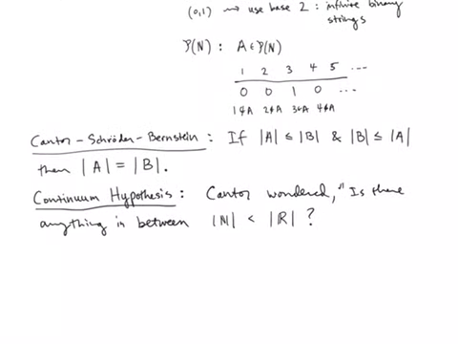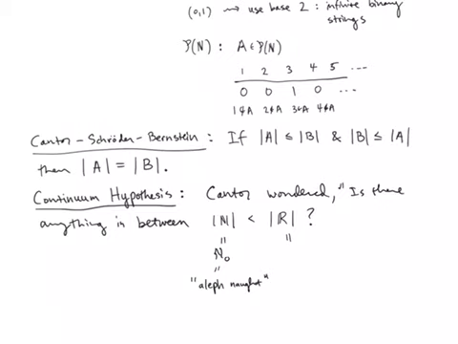And Cantor, by the way, had a special name for this. This is called Aleph naught. So that weird looking capital N is a Hebrew letter called Aleph, and that was Cantor's notation for the cardinality of the natural numbers.